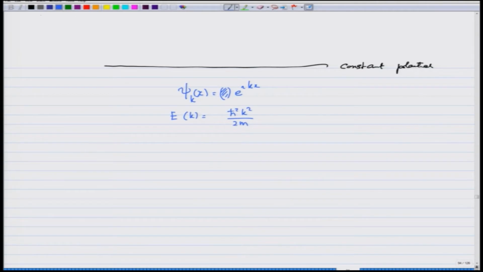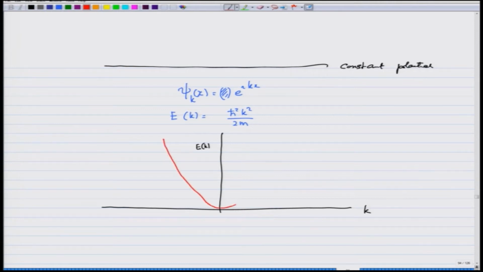So, if I were to plot E k versus k, it would look like a parabola.